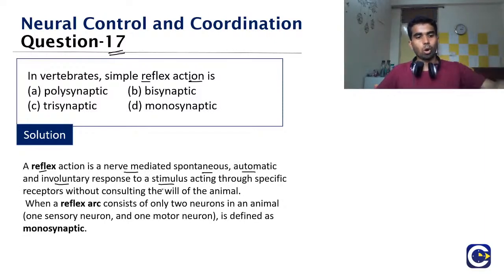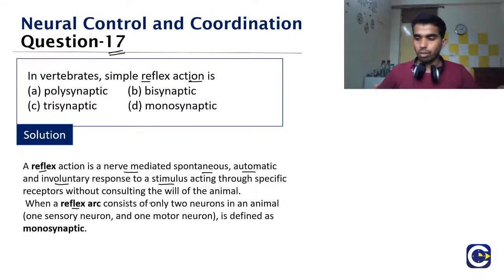Suppose you are touching a hot pan, then the hot temperature is the stimulus, and that leads to a response, and that response is the withdrawal of the hand. This is known as the reflex. And the part of the nervous system that accompanies this reflex is known as the reflex arc.